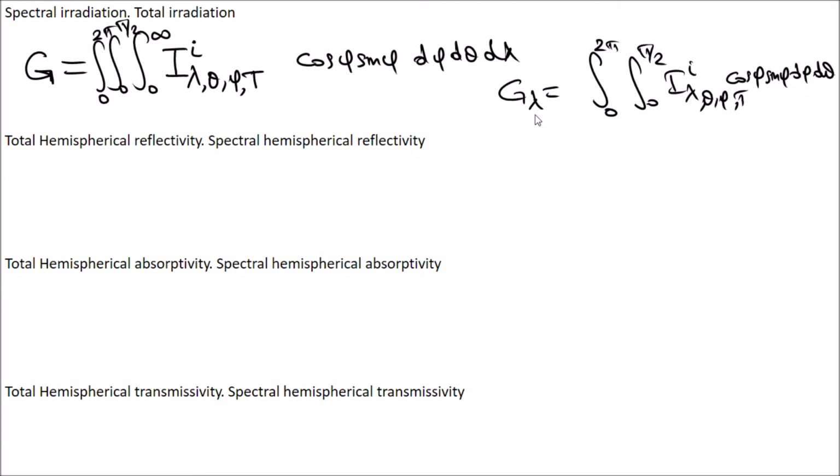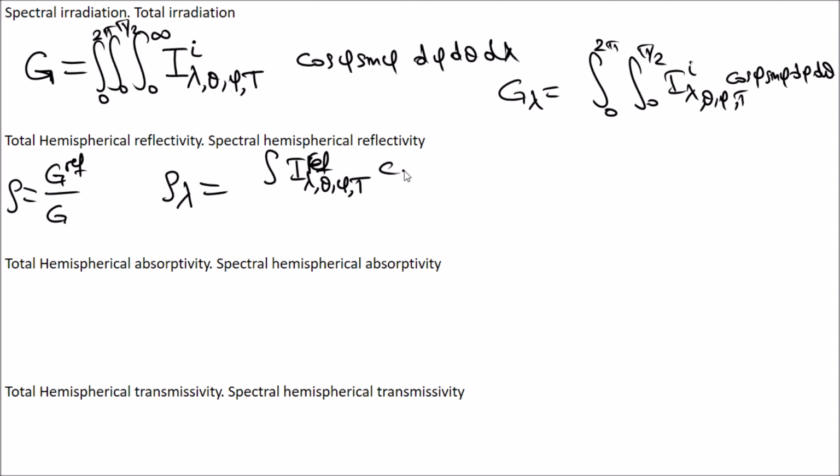And now comes the total hemispherical reflectivity, where rho is equal to G reflected portion divided by G incident portion, or total G. Or for the spectral case, rho lambda will be equal to the reflected intensity I, a function of lambda, theta, phi and temperature.